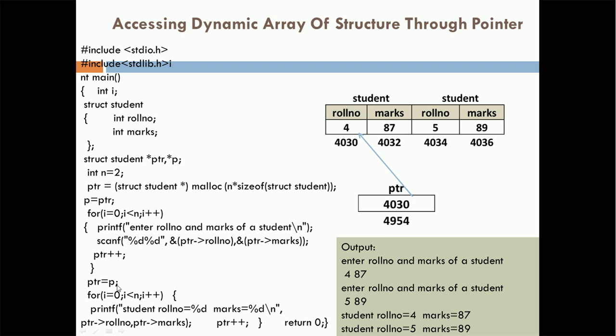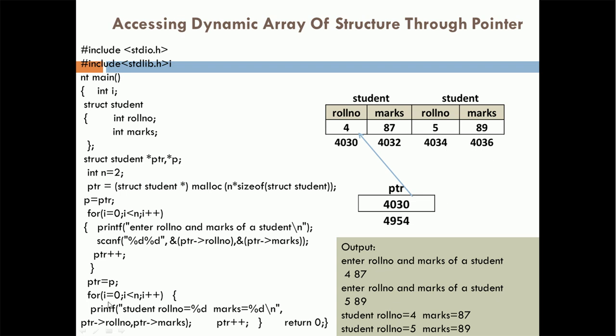Now we want to traverse this array using ptr. So now the value of ptr is actually 4038, because we have written ptr++ at the end of the loop. So after storing values in the roll number and marks fields of the second array element, and using ptr++ inside the loop, this will provide you the value for ptr as 4038.